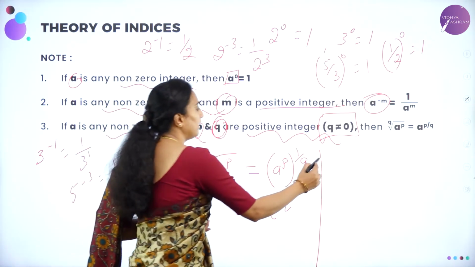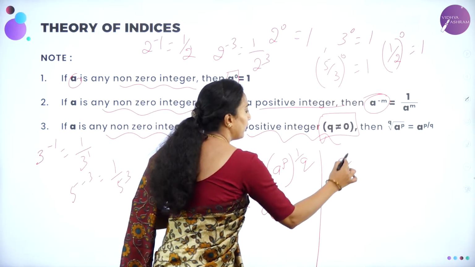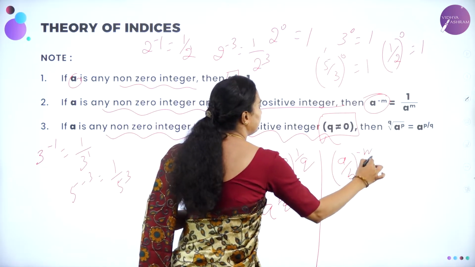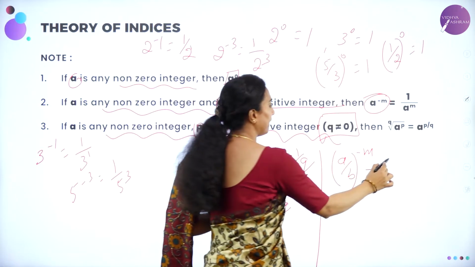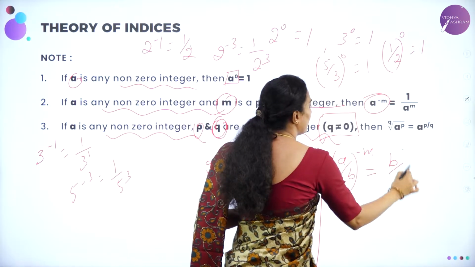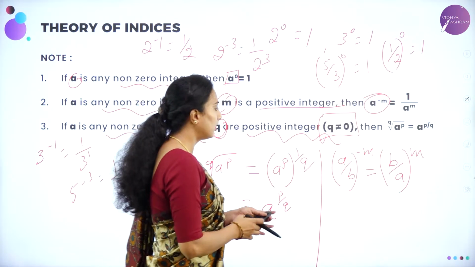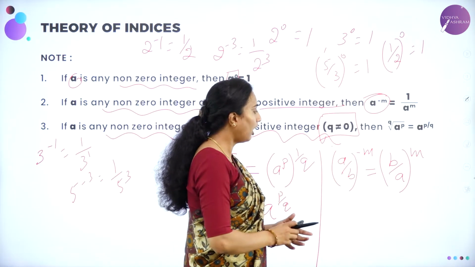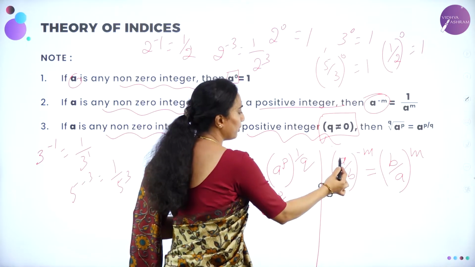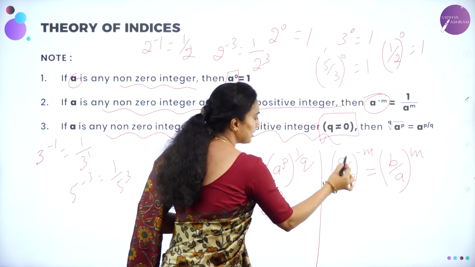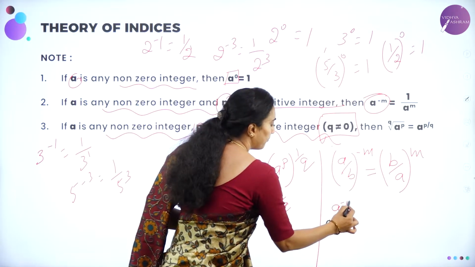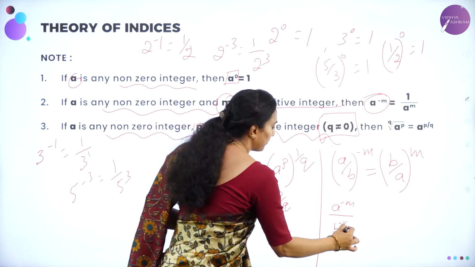Next, if you are having one more, I can give you. If you are having a by b whole to the power of minus m, you can write it as b by a whole to the power of m. That means you can change this. I am going to show you how. A power minus m divided by b power minus m.